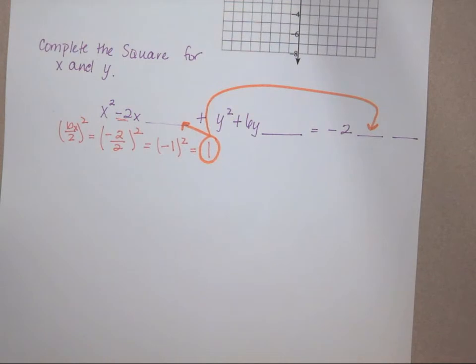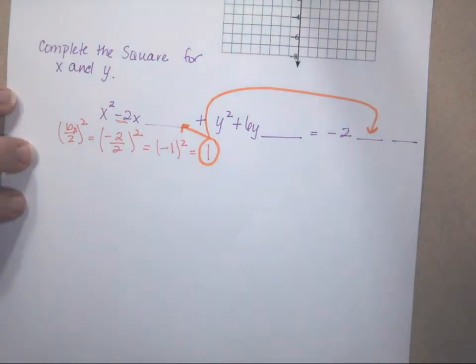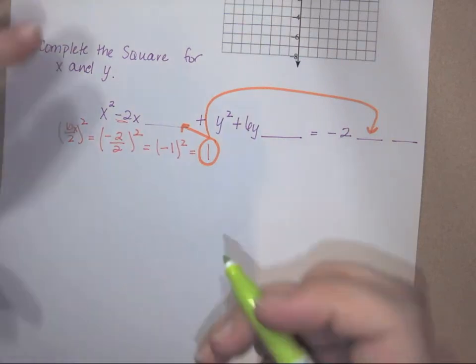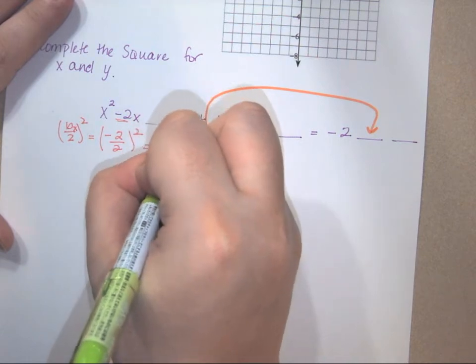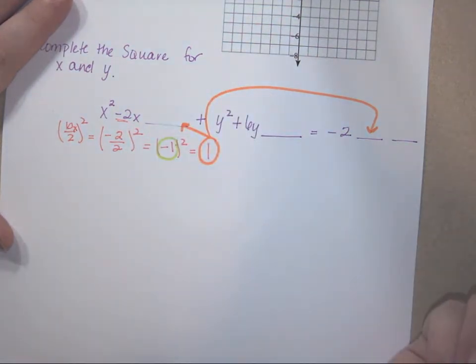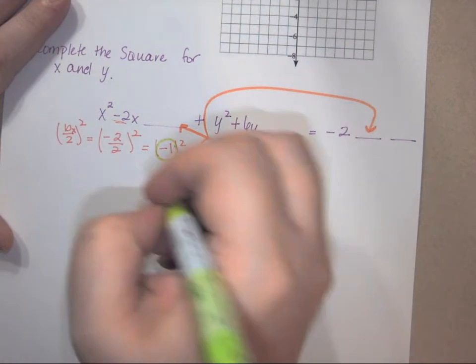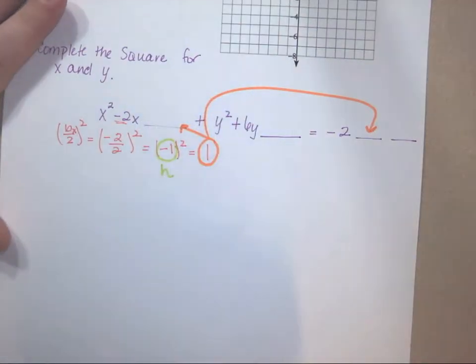Okay. So we now know part of what's going on with my terms. Now the second piece that is uber important, I've never said uber before, is this middle term right here. This -1 is going to be your perfect square. Okay, so this is essentially the h term.